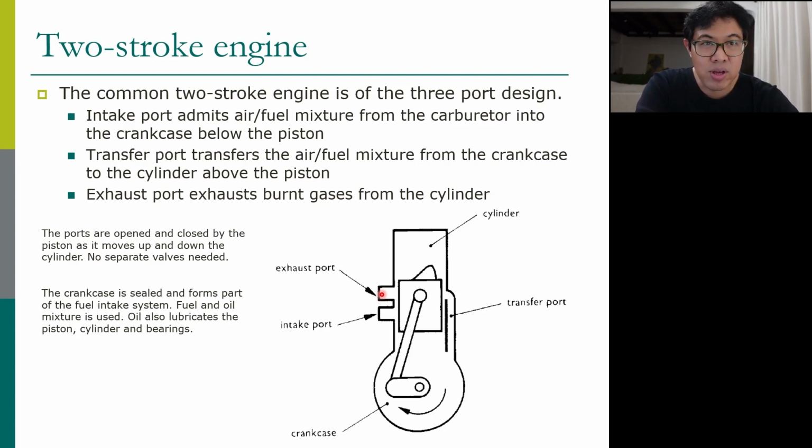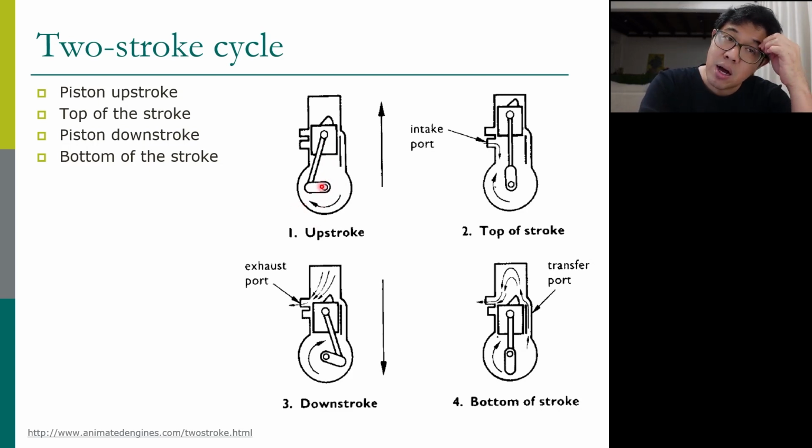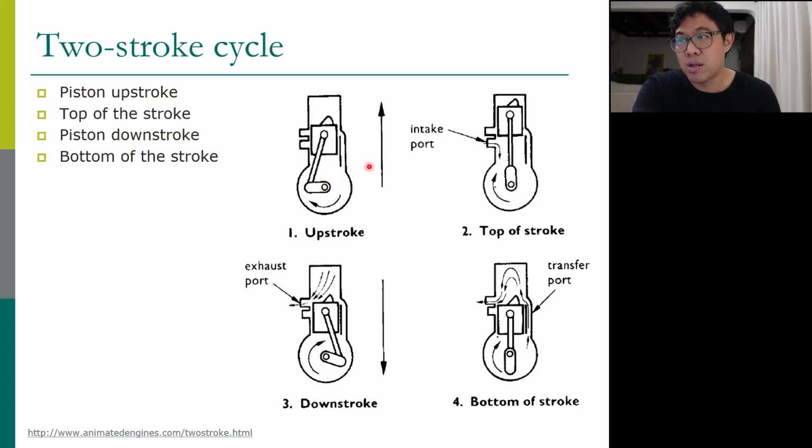Okay, let's see how it completes the cycle in only two strokes. During the upstroke, when the piston moves past the intake port, normally when it moves up, it creates a vacuum inside the crankcase. When it moves past the intake port, the air-fuel mixture is sucked in because of the vacuum inside.